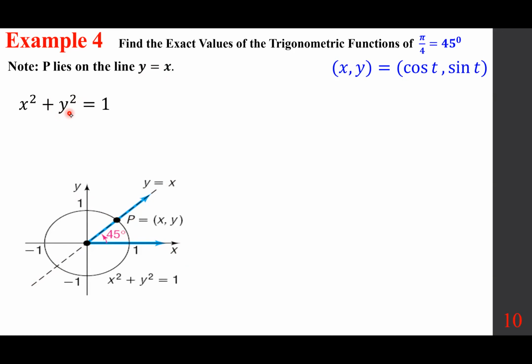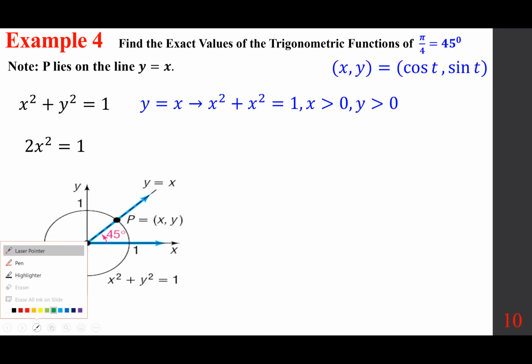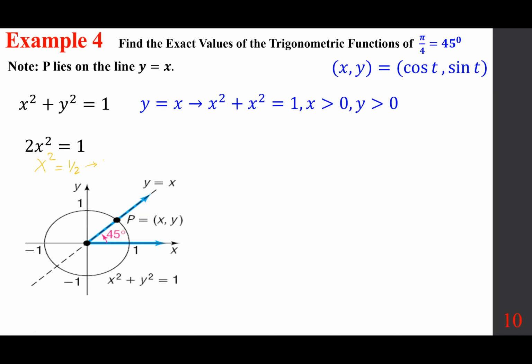And since x and y are the same, let's replace the y with x. And again, x and y are positive because we're in the first quadrant. And therefore, we get 2x squared equals 1. Now, this means x squared is 1/2, and x is plus or minus the square root of 1/2, or plus or minus 1 over square root of 2, and we only take the positive and rationalize it.